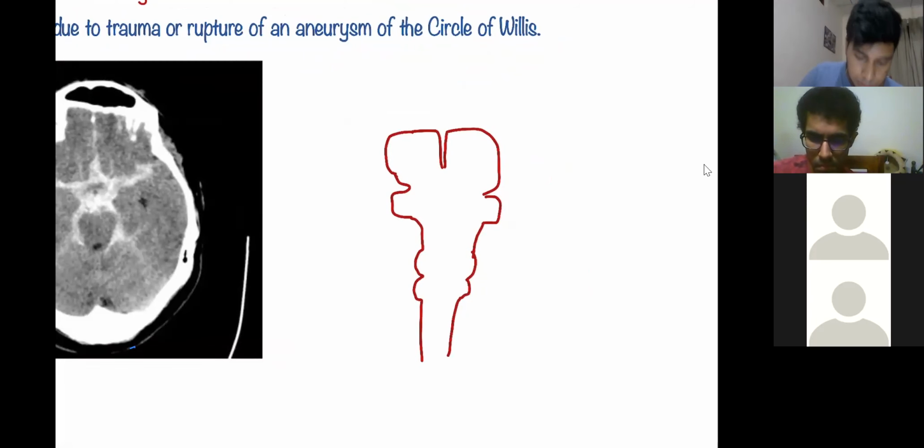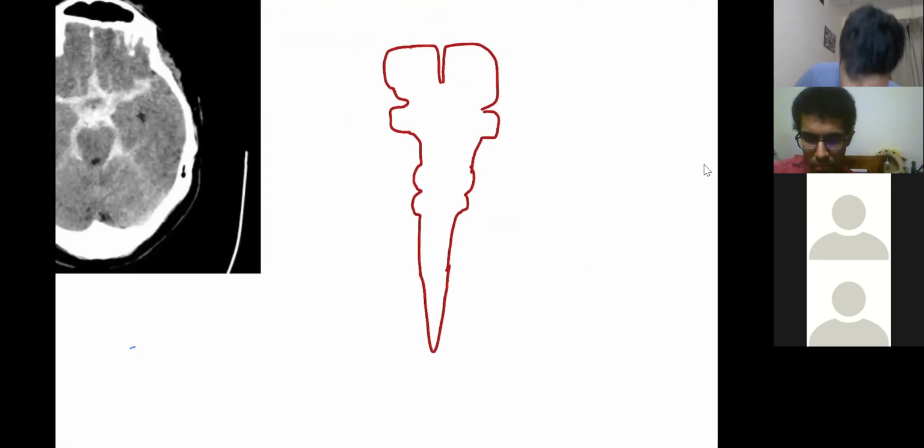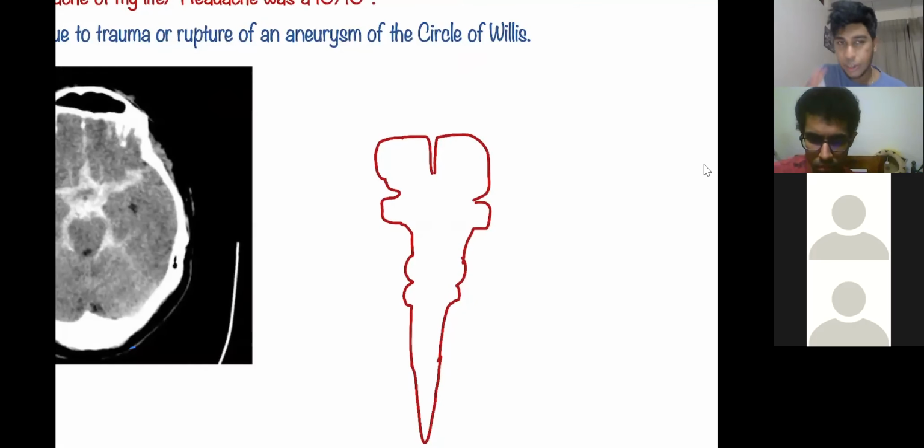Okay. Now, I need you to get it into your head that the circle of Willis is present in the subarachnoid space. This is the pia mater.